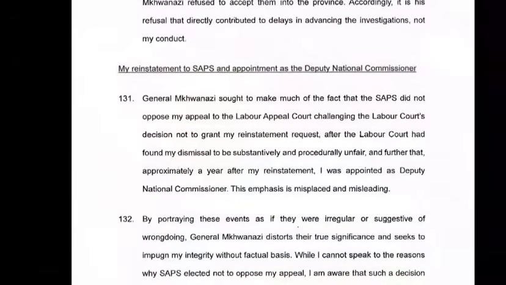By portraying these events as if they were irregular or suggestive of wrongdoing, General Mkhwanazi distorts their true significance and seeks to impugn my integrity without factual basis. While I cannot speak to the reasons why SAPS elected not to oppose my appeal, I am aware that such a decision would have been taken on the basis of its own legal advice and internal considerations.